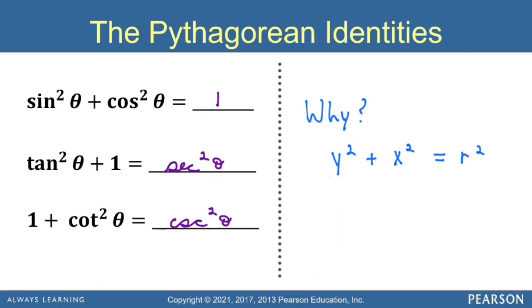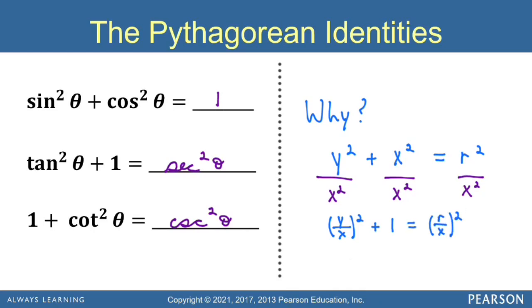We could do a similar thing to come up with the second Pythagorean identity. So this time we want the y squared to become tangent squared, so let's divide through by x squared. So now y squared over x squared can be written as y over x all squared. X squared over x squared reduces to 1, and on the right side of the equal mark we'll have r over x squared.